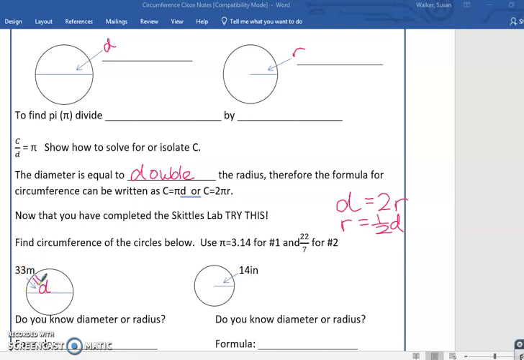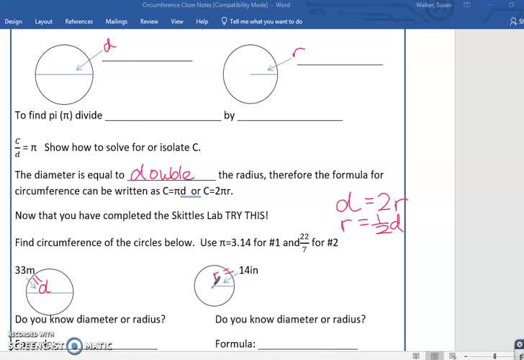Okay? Now look over here. What is that? Hopefully you said radius, because it only goes to the center. So we need to make sure that we know which one is which. Now in 8th grade, we really use that radius more.